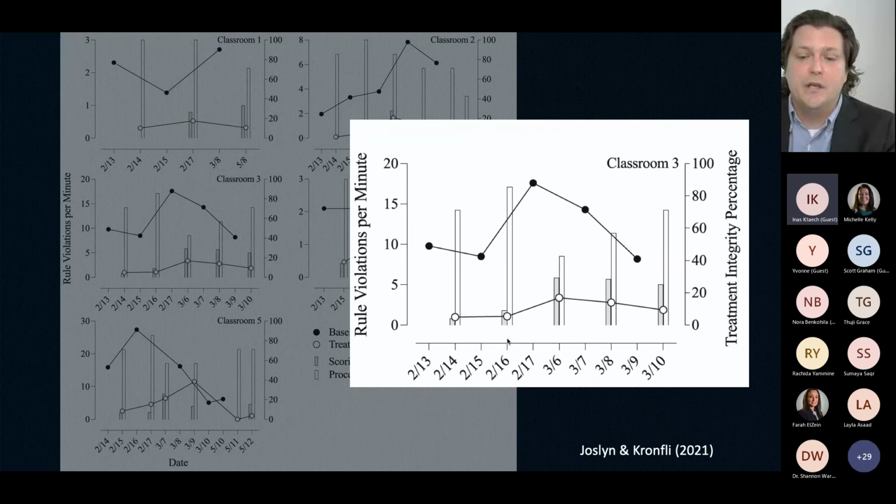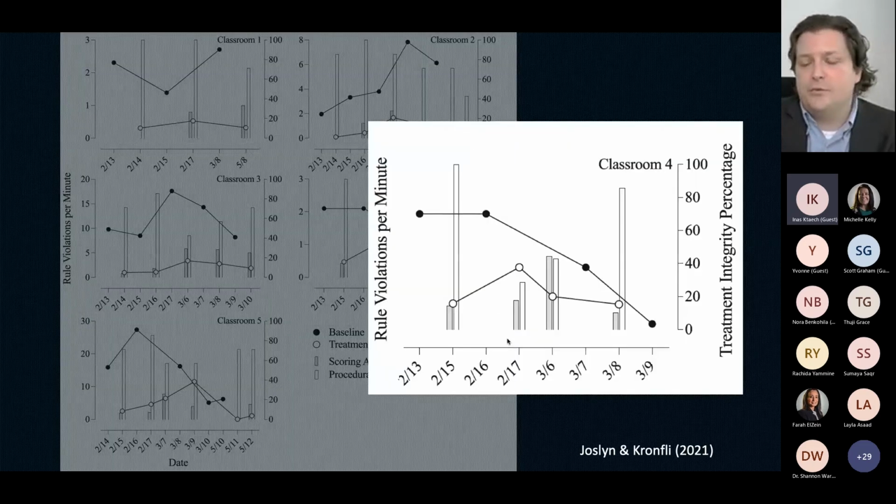Baseline rule violations are way higher and separate from treatment, where we see a much lower frequency of rule violations per minute. And if you look at the treatment integrity data back there, you can see that we had very low scoring accuracy for the most part, and not very high, but higher treatment integrity for the procedural steps.